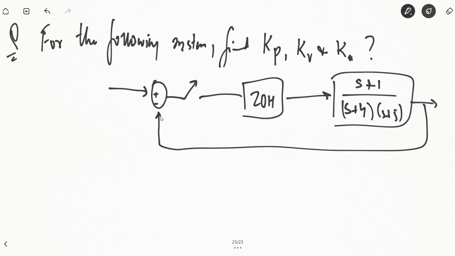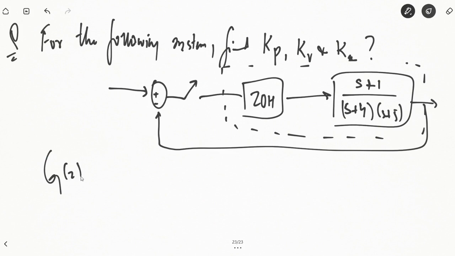We do not need to find the total transfer function of the system. We only need to solve this and obtain G(z). Once we know the type of G(z), we can determine the type of system and find the values of Kp, Kv, Ka.